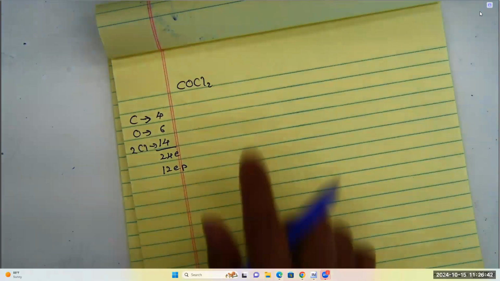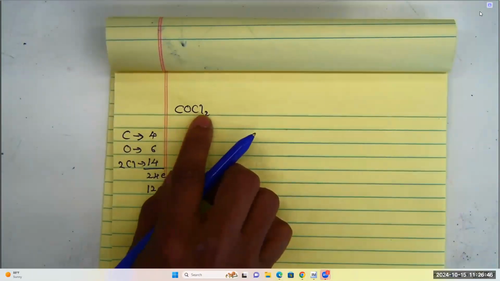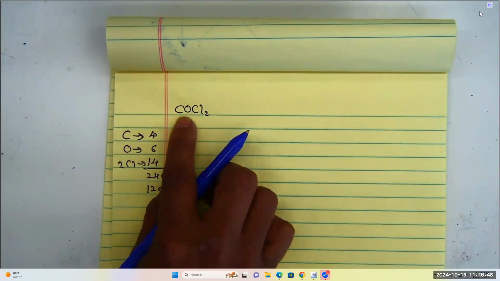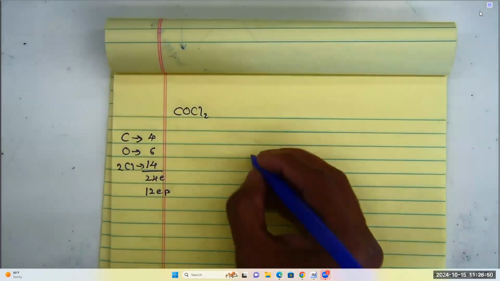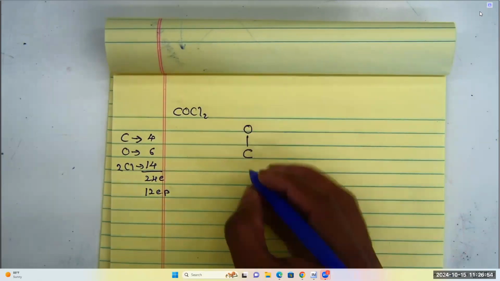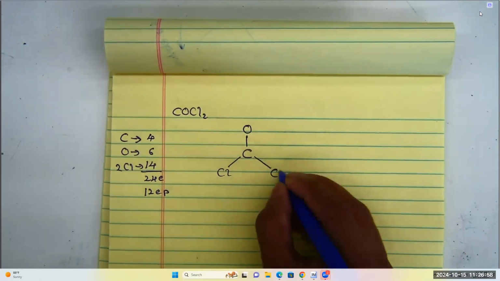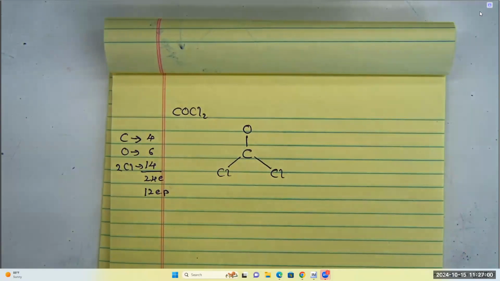And then I draw the skeleton of the molecule. Out of all these elements, carbon has the highest bonding capacity of 4. So carbon goes in the center. To that, I'm going to have 1 oxygen and then 2 chlorines bonded. Okay, that's my second step, drawing the skeleton of the molecule.